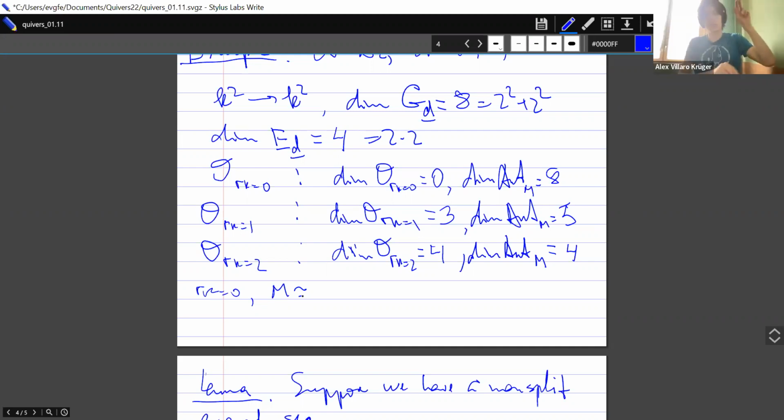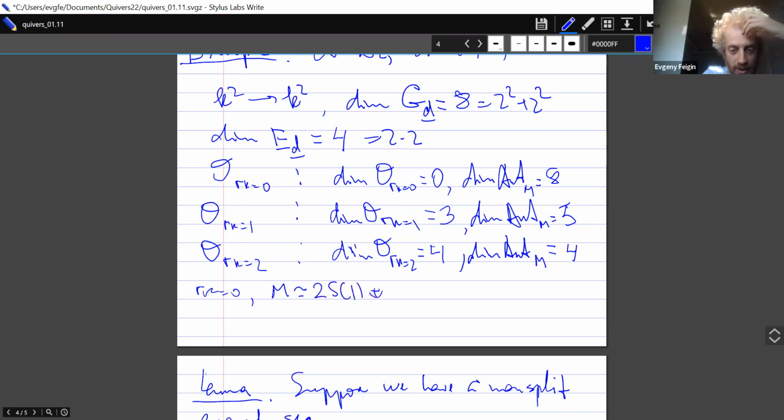We have the one representation that's two-dimensional that maps to something 0, and another representation that's 0-dimensional and it maps to something. Yeah, but what's the answer? So it's the direct sum of these two representations. So how many indecomposable summands are there? Yeah, 4. So it's twice S1 plus twice S2.